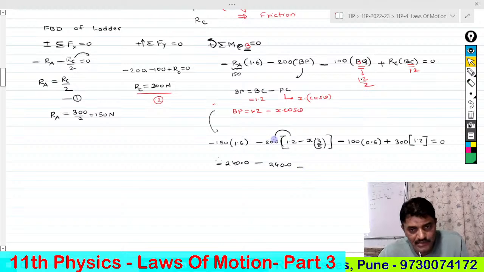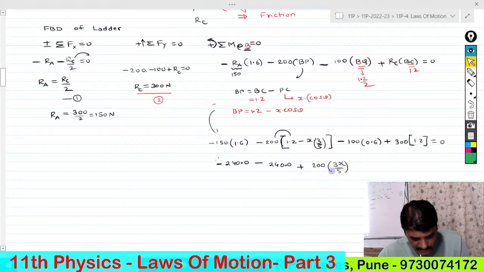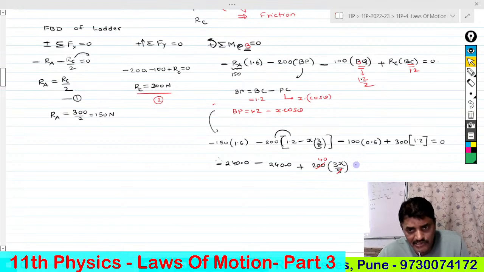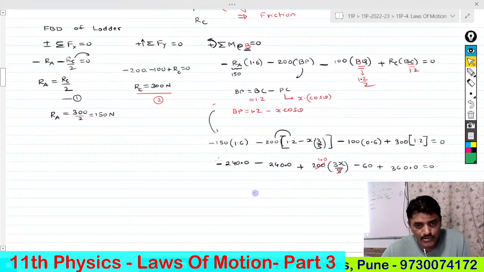Okay, minus when I'll multiply this will become plus 200 into 3x upon 5, so that will give me 120x, minus 60 plus 0 0 360 is equal to 0. So what is this going to give me? Minus 480 plus 360 minus 60 is 300 plus 300 plus 120x is equal to 0.